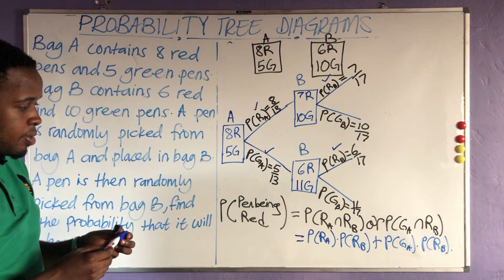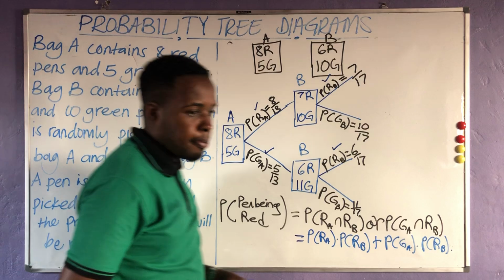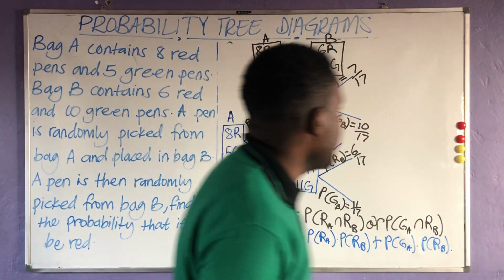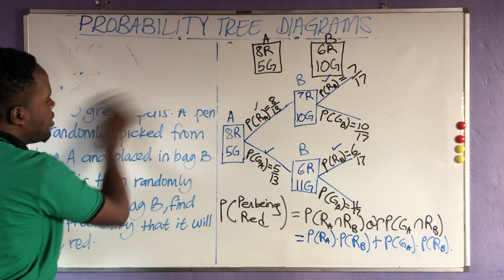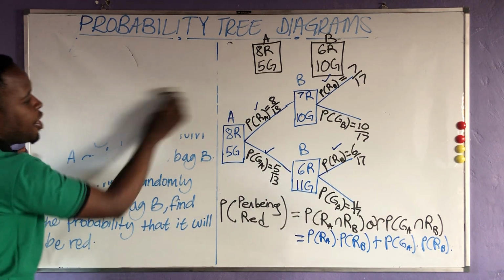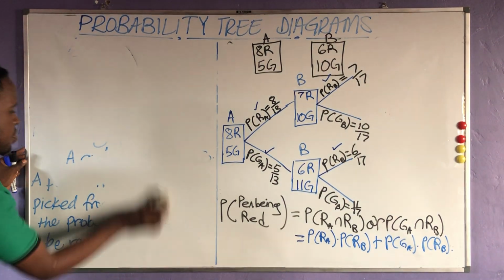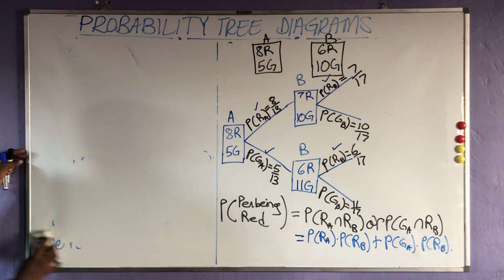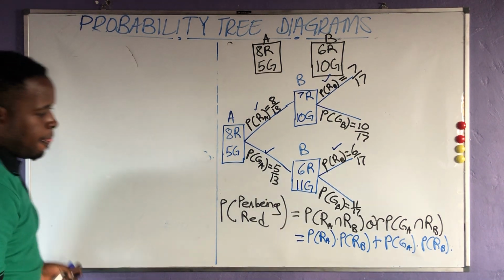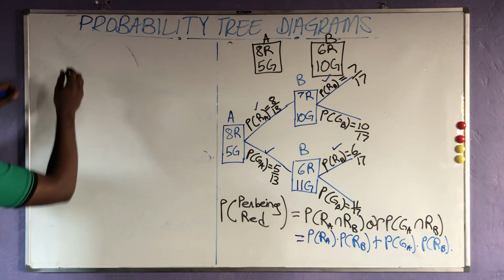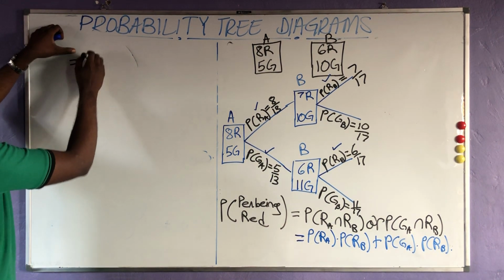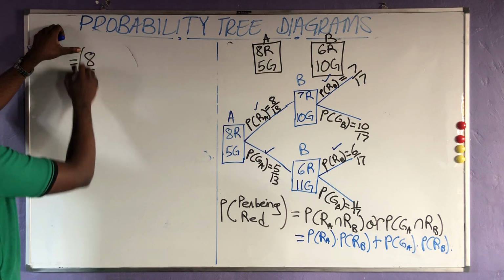So friends, we are going to substitute. So our RA is 8 out of 13.